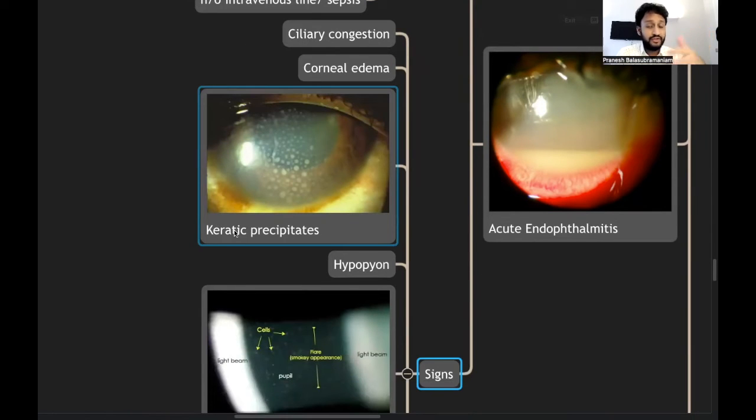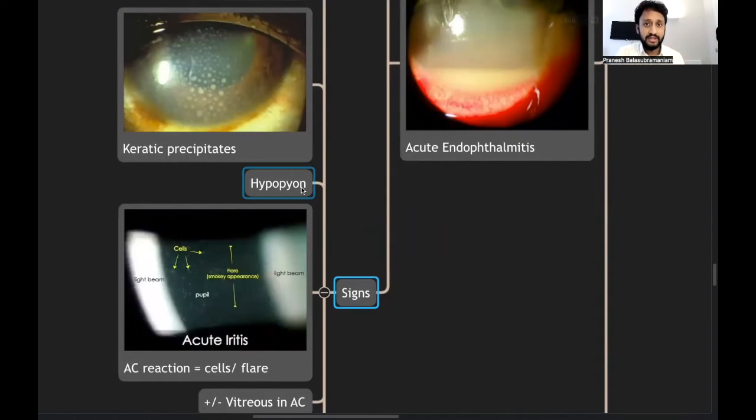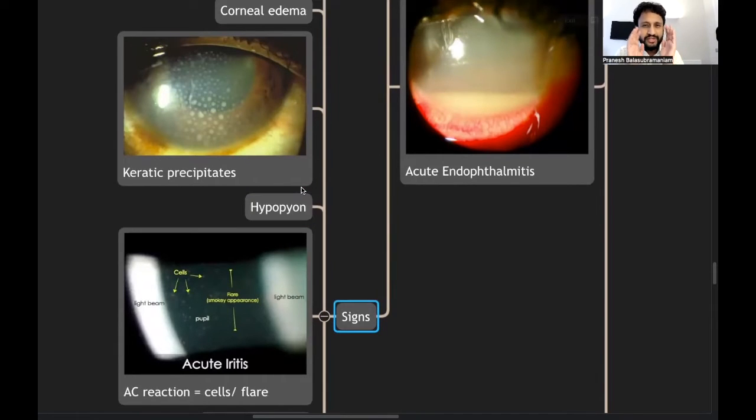Keratic precipitates, which you already saw in uveitis as well. Hypopyon is a very important feature of acute endophthalmitis. So if you see an intact cornea, which means there is no corneal breach, but you see hypopyon, think of uveitis and think of endophthalmitis. You see hypopyon, think of three: keratitis, uveitis, endophthalmitis.